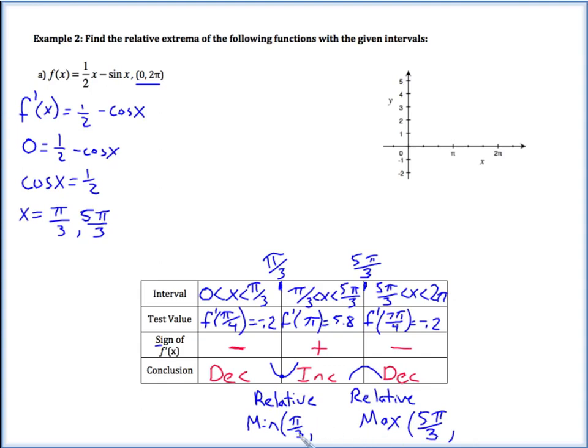Now, to go ahead and find our answers, let's just get an approximation. You're going to plug them back into this original function. Okay, so to find our minimum, we need to find the point pi over 3, comma, f of pi over 3.